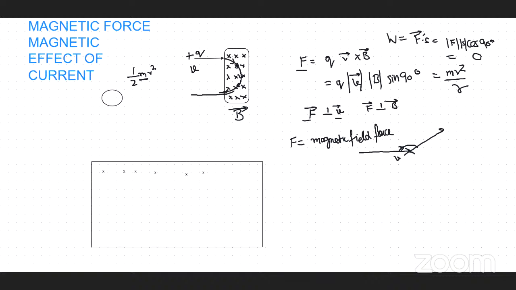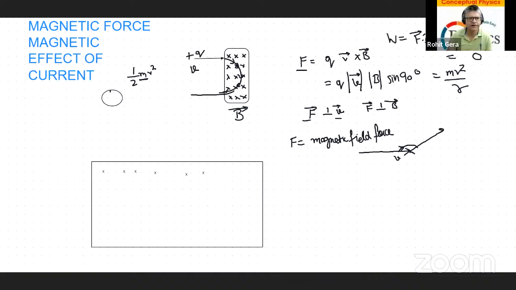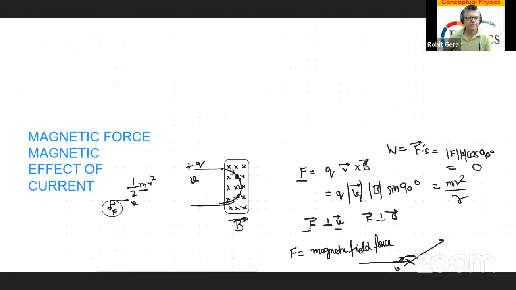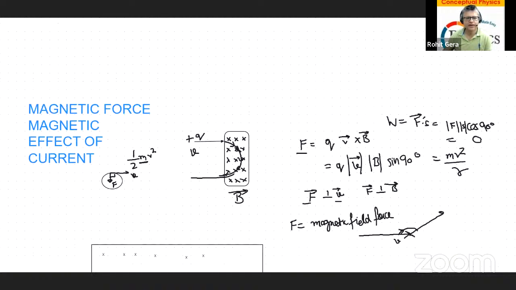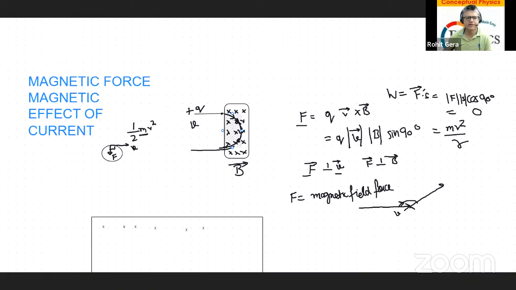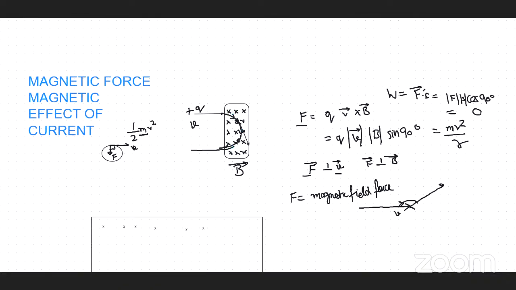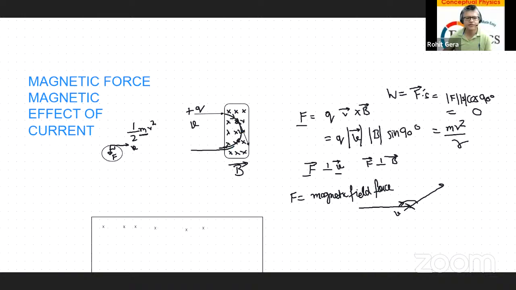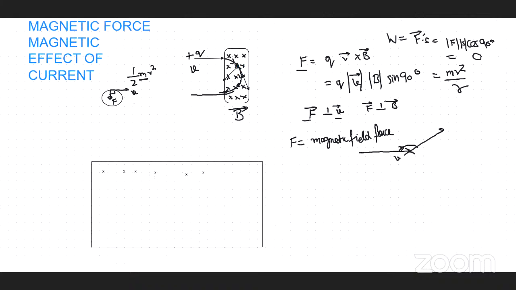The centripetal force is towards the center, and the velocity is like this. The same is happening in the magnetic field force too. The force is towards the center and the velocity is tangential at all the points. So if I have to draw the velocity anywhere, for example here, it is a tangent, but the direction of the force acting on it is towards the center of the circle, 90 degrees to each other.